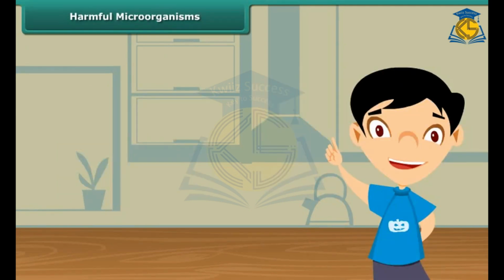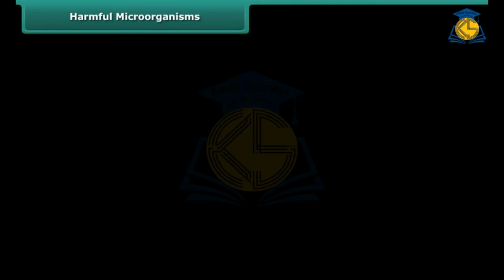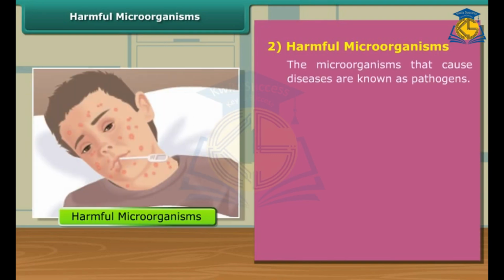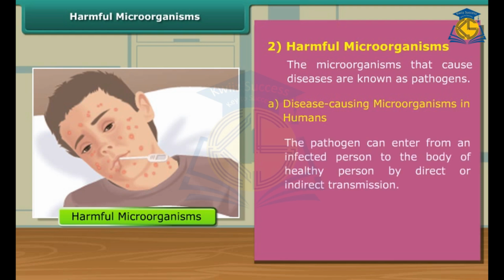After discussing helpful and friendly microorganisms, let's learn about harmful microorganisms. We will start with microorganisms that cause diseases in humans and animals. The microorganisms that cause diseases are known as pathogens.